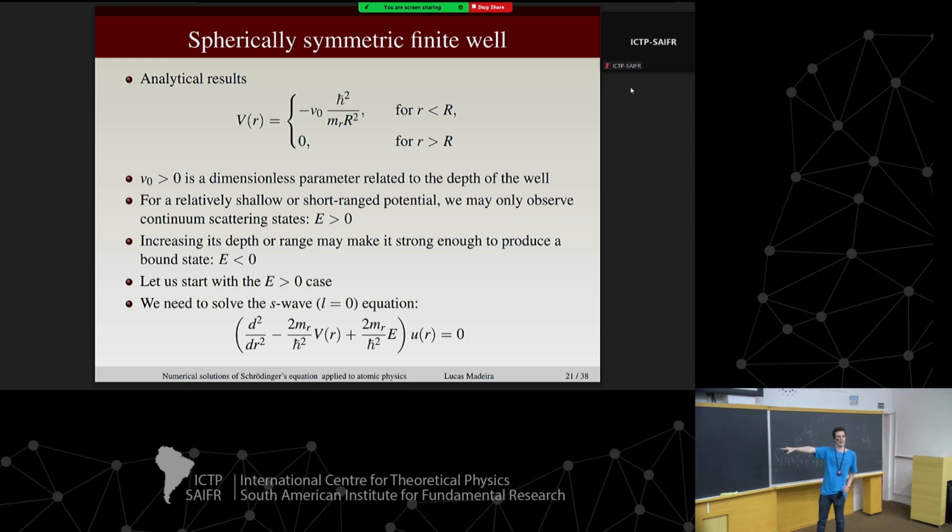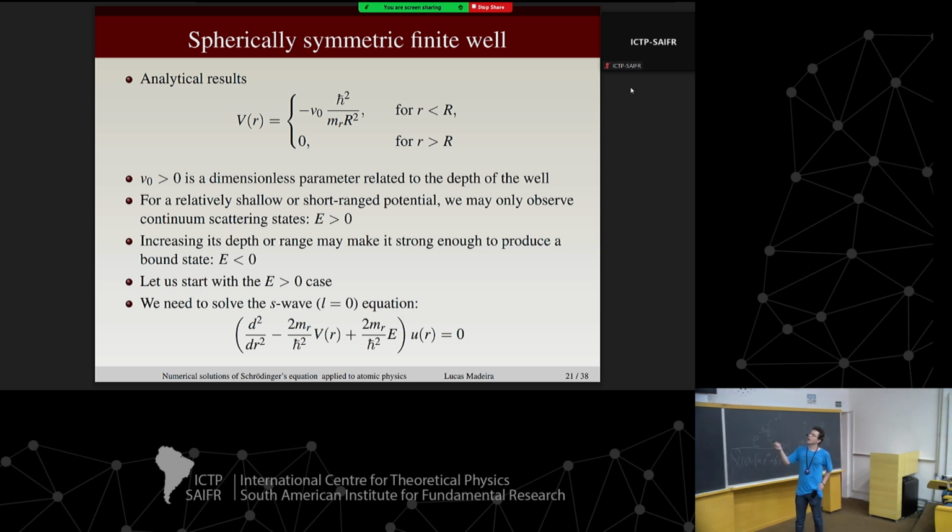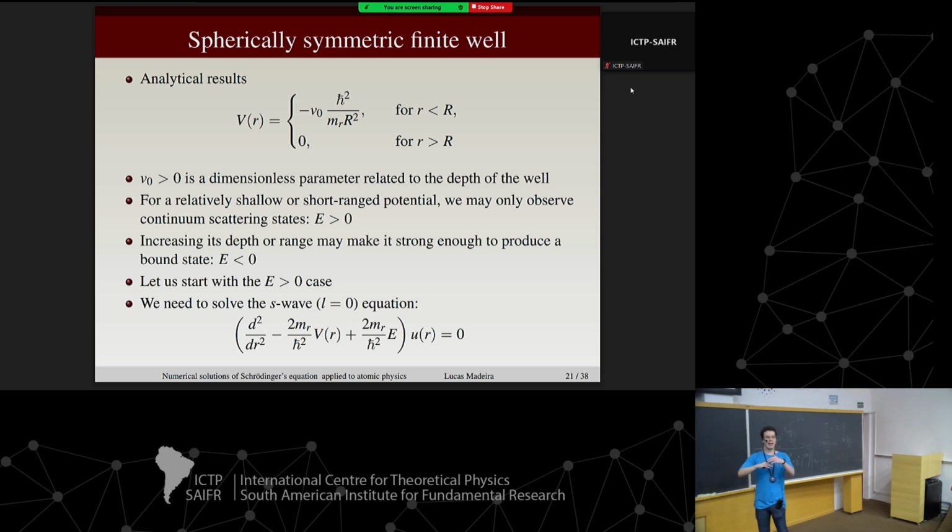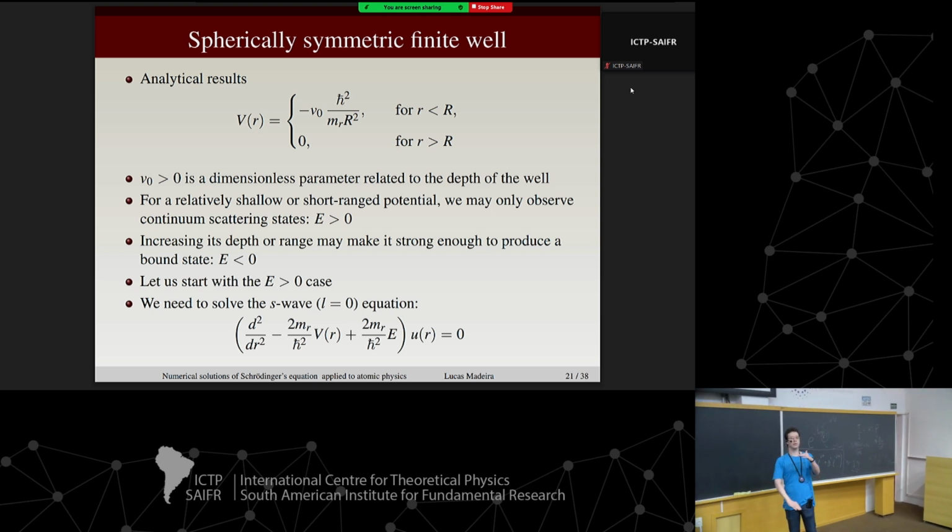So it's just a fancy way of writing this. And it's attractive, okay? So I'm just going to consider this parameter being positive because I put this minus sign in front of it, right? R controls the range of the well, and this V0 controls the depth of the well. Increasing V0, I'm going to make a deeper well, okay?